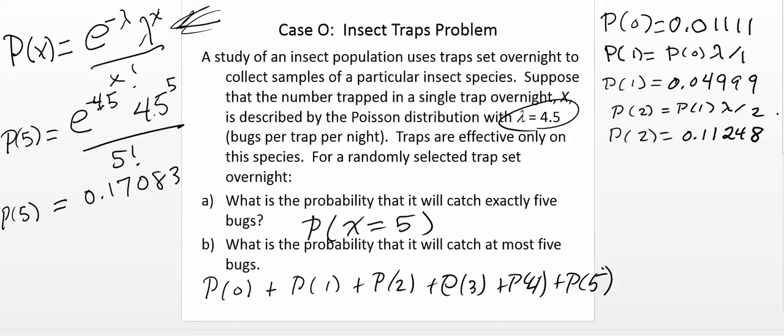Now I need the probability that x is equal to 3, and that's equal to the probability that x is equal to 2 times lambda divided by 3.